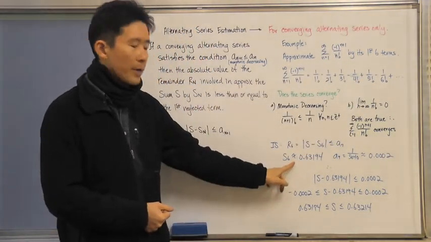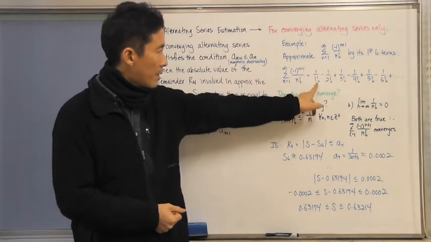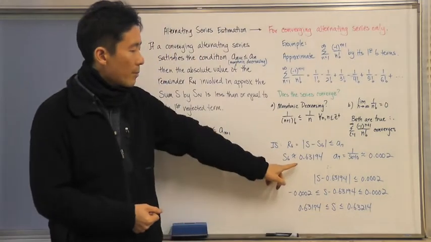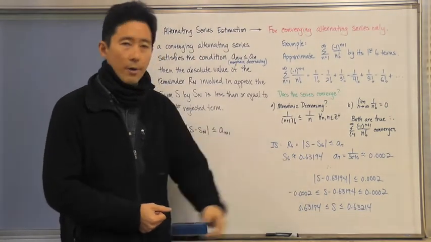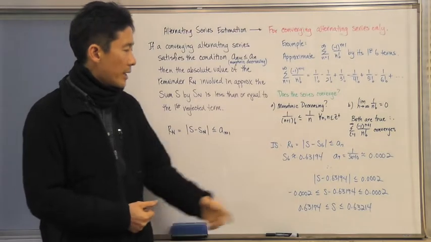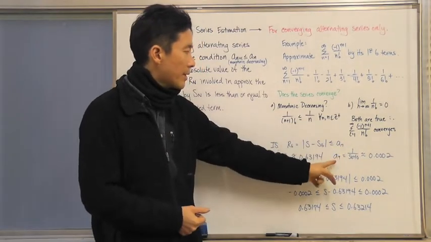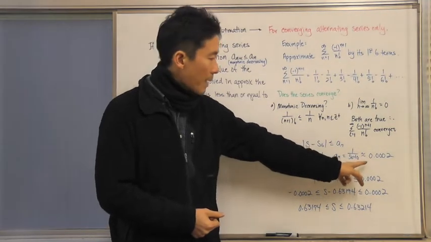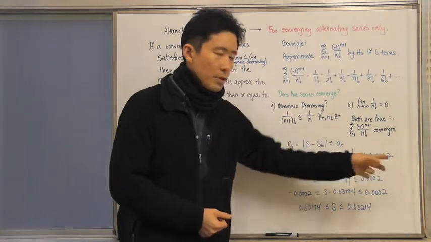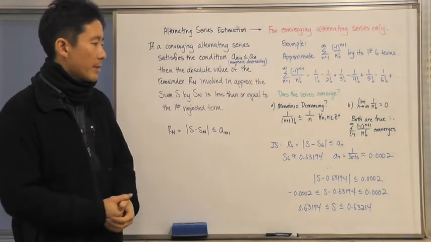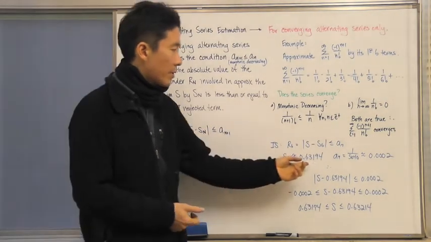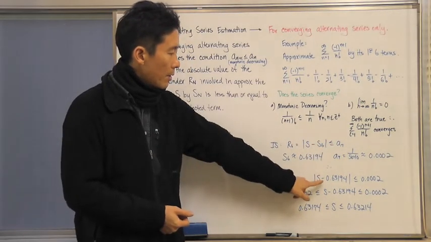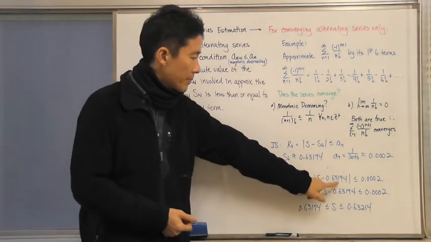So what that means then, I went ahead and found out what the sum is going to be up to that term. It's going to be approximately 0.63194. Now, I need to also find out what a sub 7 is. A sub 7 is just going to be 1 over 5040, which is about 0.0002. Now, if I wanted to approximate again what the sum is, I just have to use this inequality here, because the sum is what we're looking for, minus S sub 6, which is approximately that.